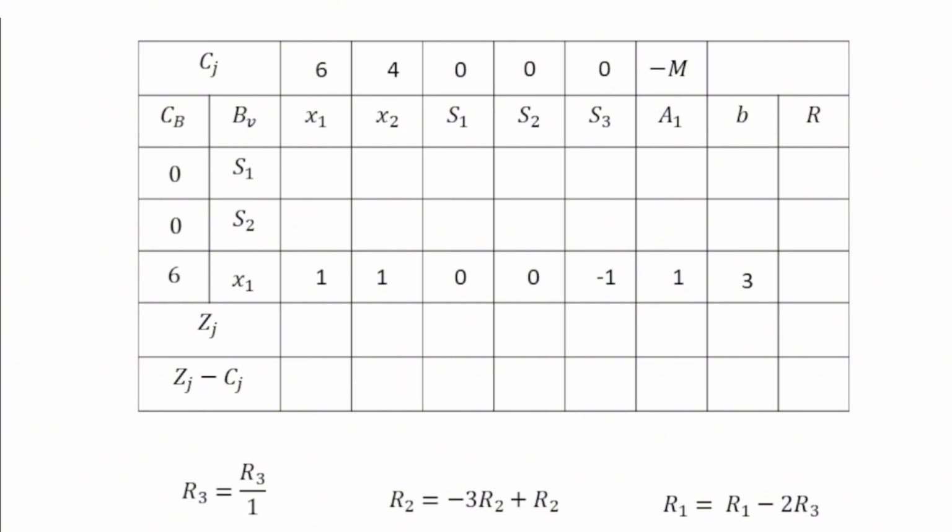I've divided all through, and I still have my r3 to be the same. So let's see our r2. We are basically doing minus 3 r3 plus r2.